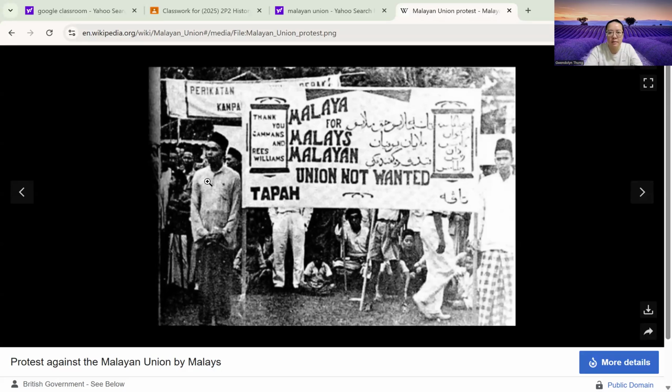It's a black and white photograph. Can you tell whether it's critical or supportive? I hope you can identify that it's critical. It's quite straightforward. You read this: Malaya for Malays, Malayan Union not wanted.